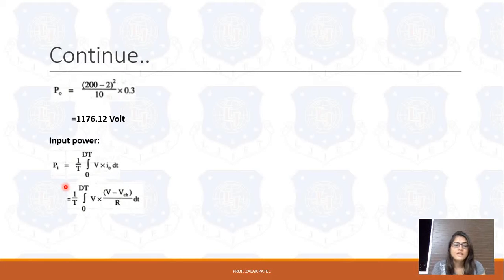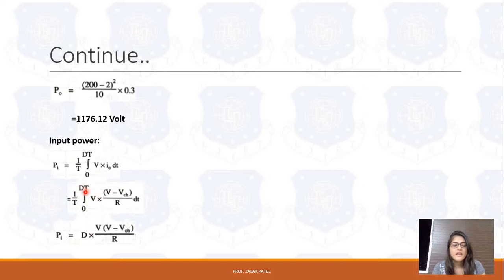Once again, if we integrate this, there is no term of T present. The integration of 1 is t and the limit is from 0 to dT. So T and T will get cancelled out, because T is there and in the denominator 1 upon T is there.